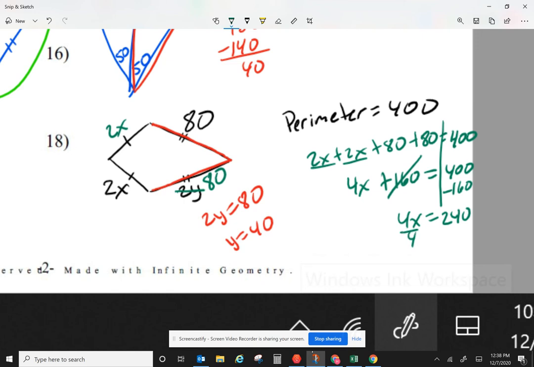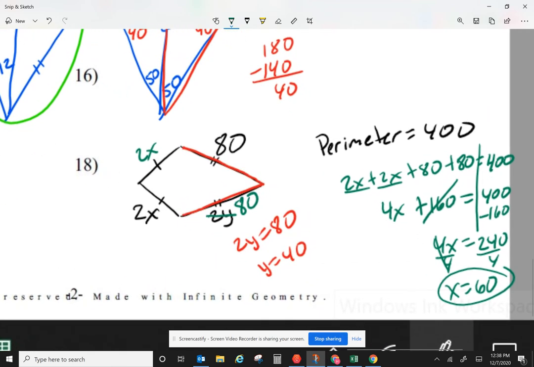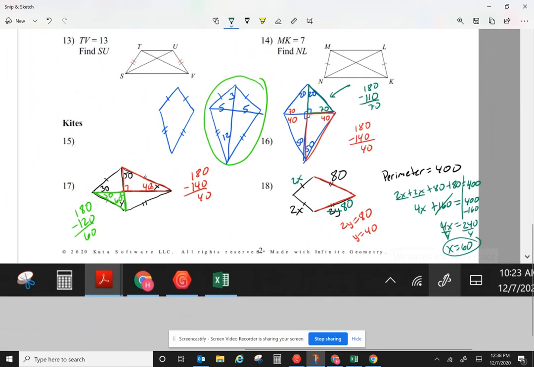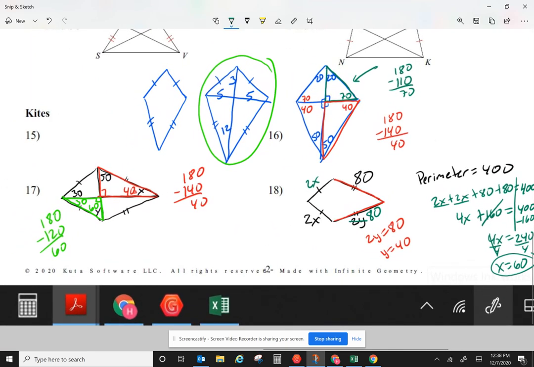Let me divide by 4. X equals 60. So sometimes you need to know the perimeter because you're dealing with all the sides. Sometimes you don't, like when I was solving for y. Right, 2y was equal to 80, so y must be 40. So that's how you're going to play it in your homework.